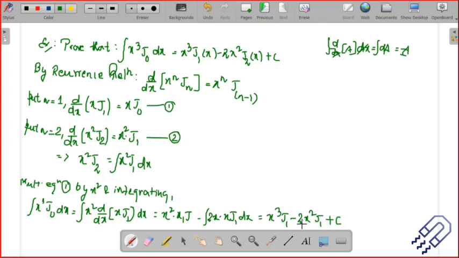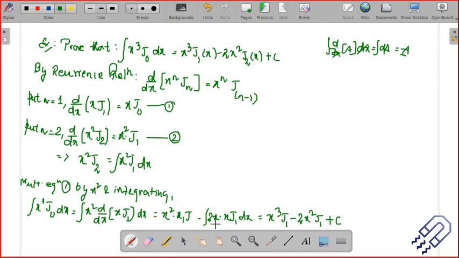Now this is x^2 J1, you can see here. I think I've written the recurrence relation, I mean the proof, here wrongly. Let me just check it here. Yes, this is not 1. You see the integration of x^2 J1 dx.